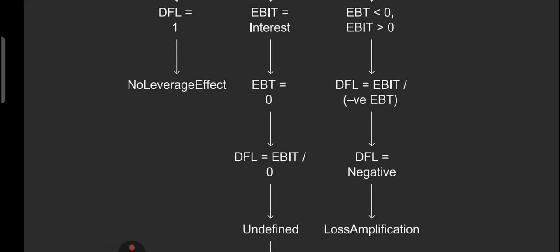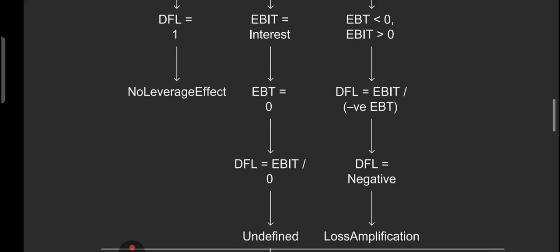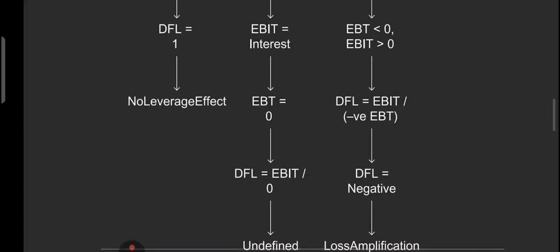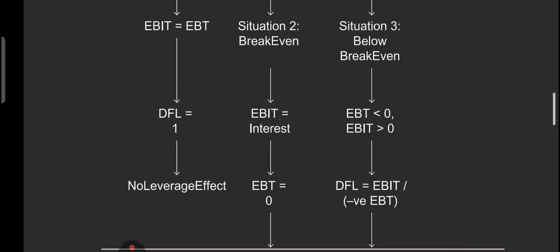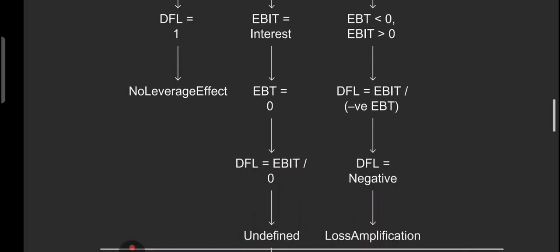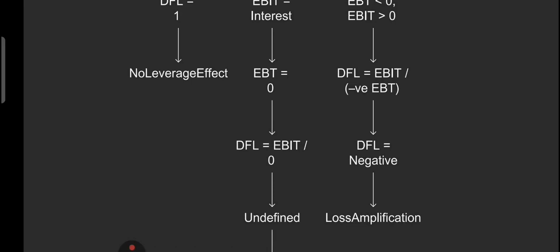If you use it smartly, then it can be very helpful, but if you don't use it smartly, it will be very hurtful, like you can see in this case. Since it is operating below the break even point, DFL is negative and your loss will become amplified. So if you take more debt, it increases loss instead of gain.